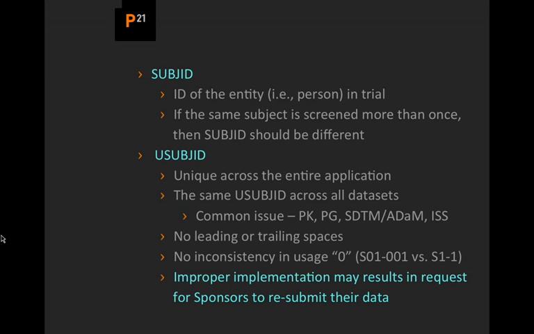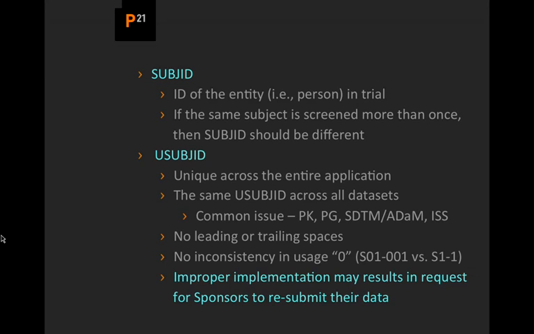Unique subject ID should be unique across the entire application, and the same unique subject ID should be used across all data sets. And a common issue we again observe in submission data is that some non-standardized data sets like pharmacokinetics may have different subject ID value or even do not have unique subject ID variable.